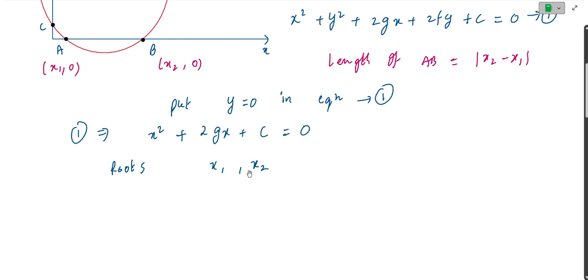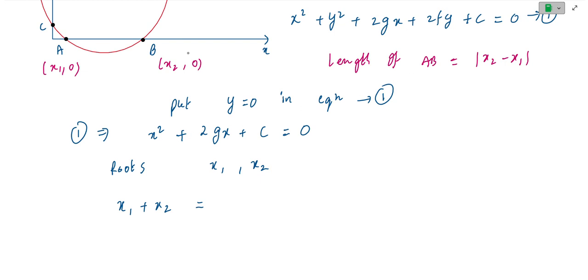Now whenever I have a quadratic equation and its roots, there is a relation between the roots and the coefficients. The sum of roots, x1 plus x2, should be equal to negative of x coefficient divided by x square coefficient.